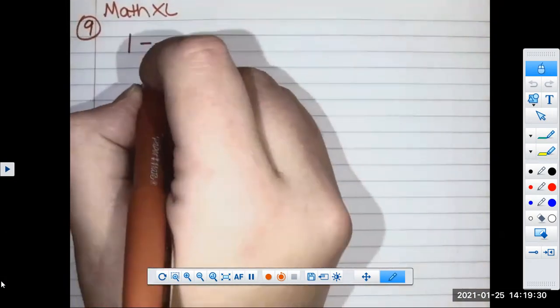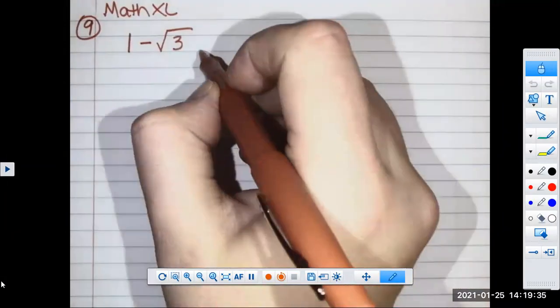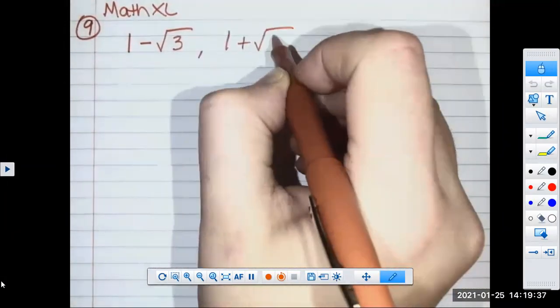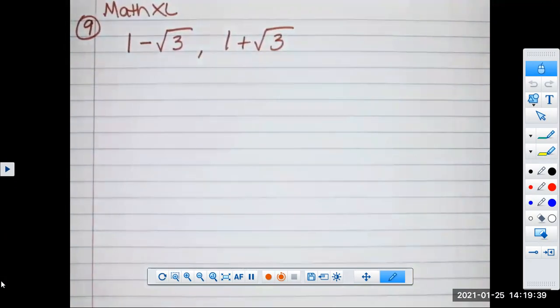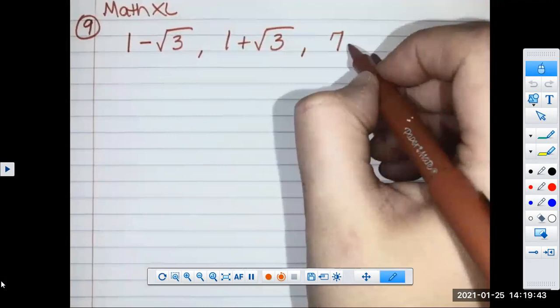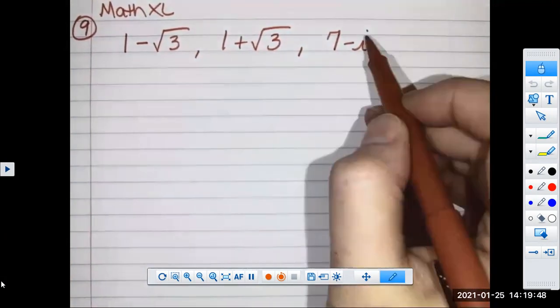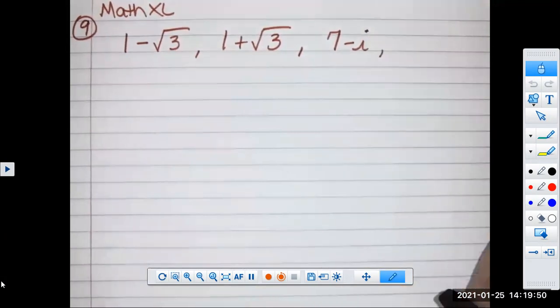They tell you that 1 minus root 3 is a root. They also go ahead and tell you that its conjugate pair, 1 plus root 3, is a root. Then they tell you that 7 minus i is a root. If you know that 7 minus i is a root, then what else is?